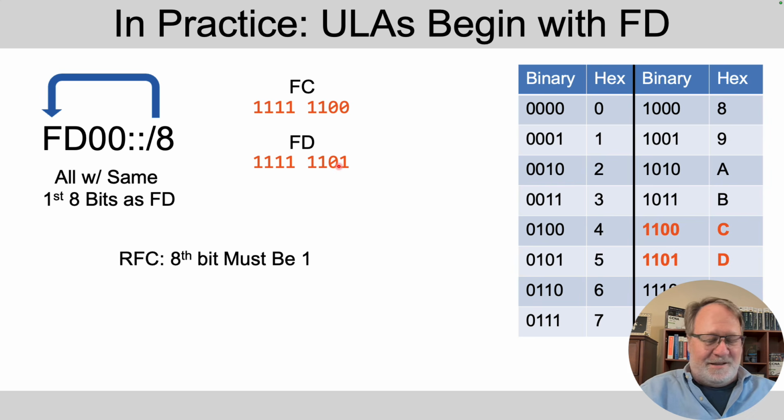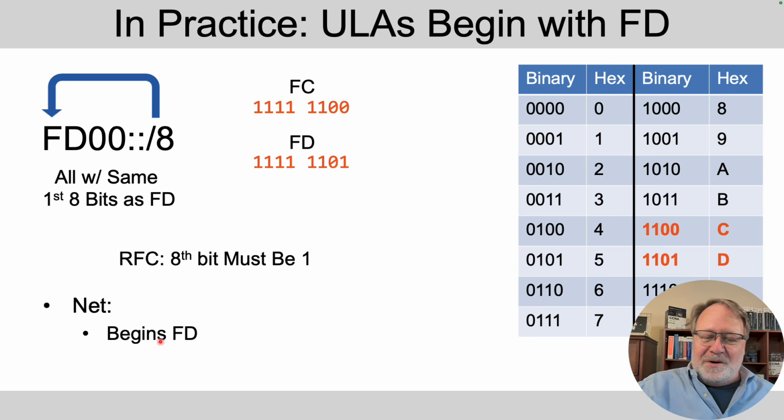So in practice, in more familiar terminology, the EULAs that you're allowed to use are the addresses that begin with FD alone. And another way to write that is FD00::/8, meaning the first 8 bits are the same as this number. But more easily, all that begin with FD are EULAs.